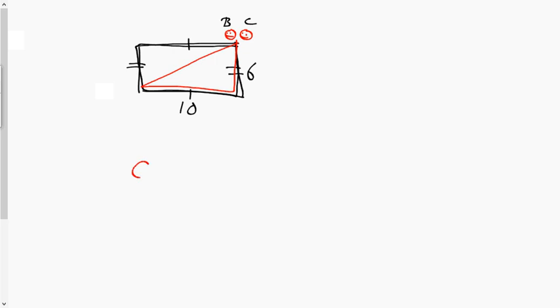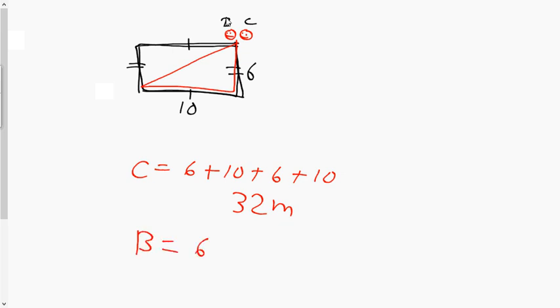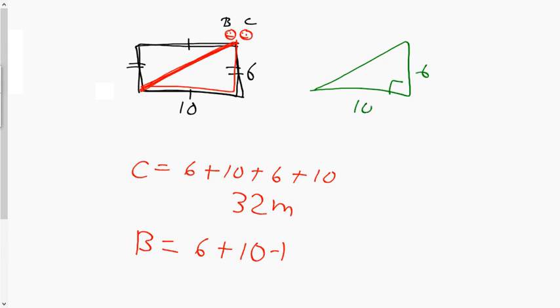Mr. Connell would run 6 plus 10 plus 6 plus 10, which is 32 meters. Everyone agree with that? Mr. Bridges would run 6 plus 10 plus whatever this is here. Now, in order to calculate that, we have to think of this shape as a right triangle, in which we know the 6 and we know the 10.